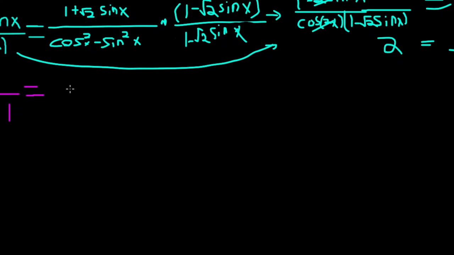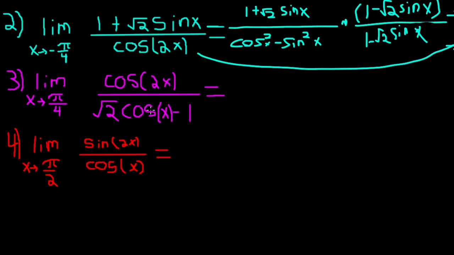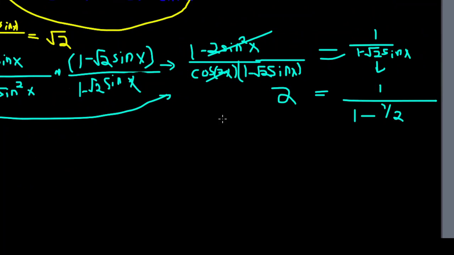Next up is this. Okay. First step, plug it in. This is 0, because cosine of pi over 2 is 0. We have square root of 2, and then cosine of pi over 4 is, actually back up. Cosine of pi over 4 is square root of 2 over 2. Square root of 2 over 2 times square root of 2 is 2 over 2. Hang on.